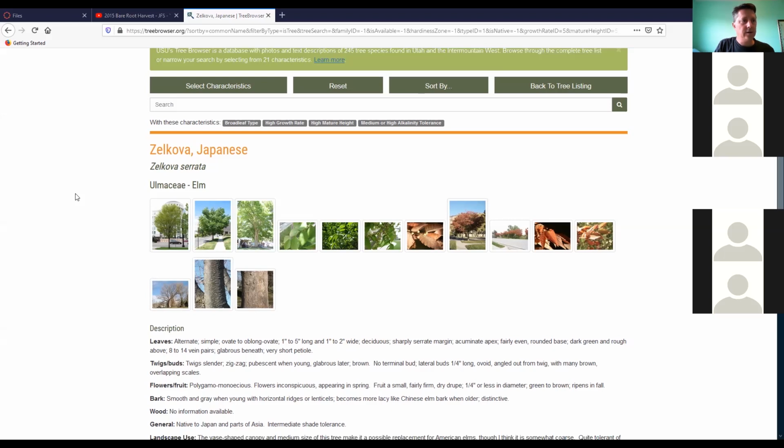Okay, so this is a good question. Why do you not recommend London plane tree or sycamore? For a lot of years, we actually recommended London plane tree as a really good tree for Utah. What's happened in the last, oh gosh, 20 years that I've seen, is there are two diseases that are really problematic with London plane tree.